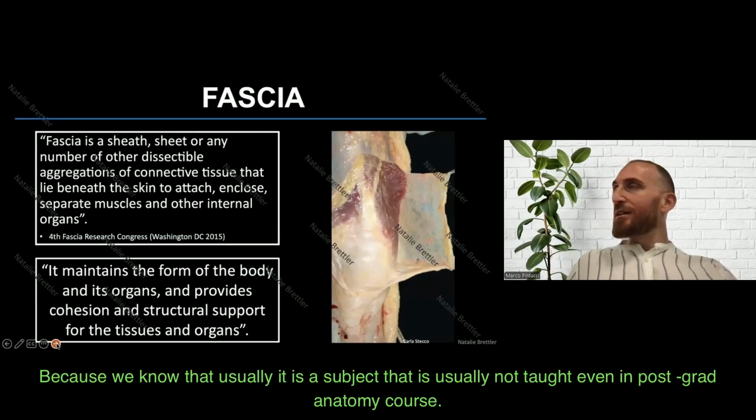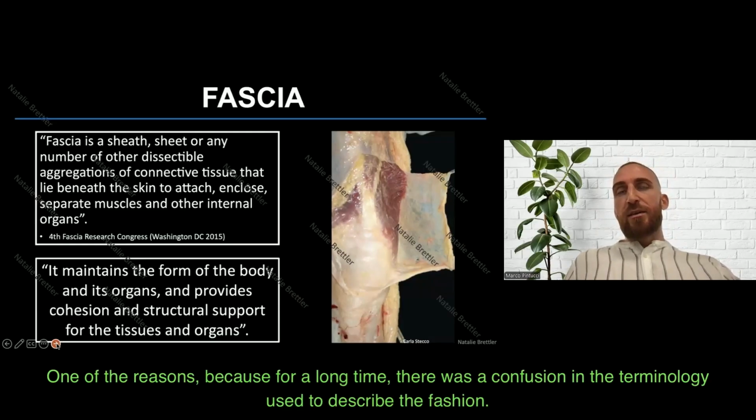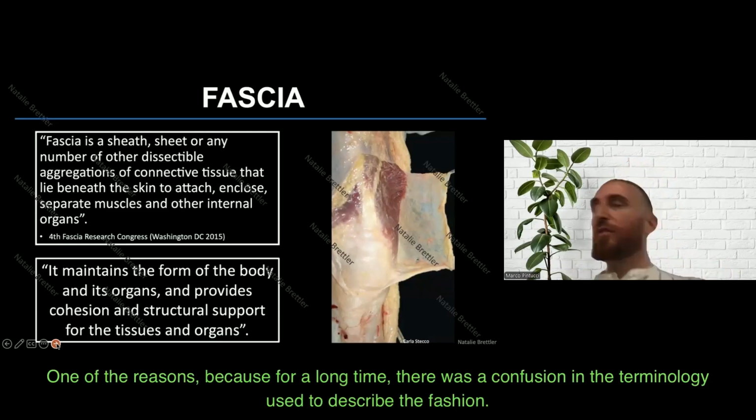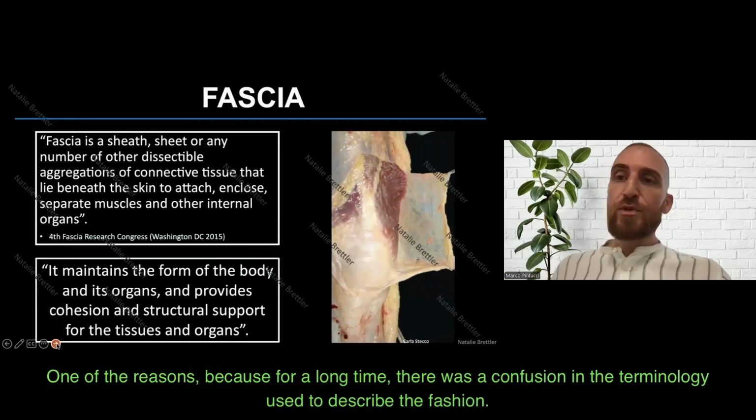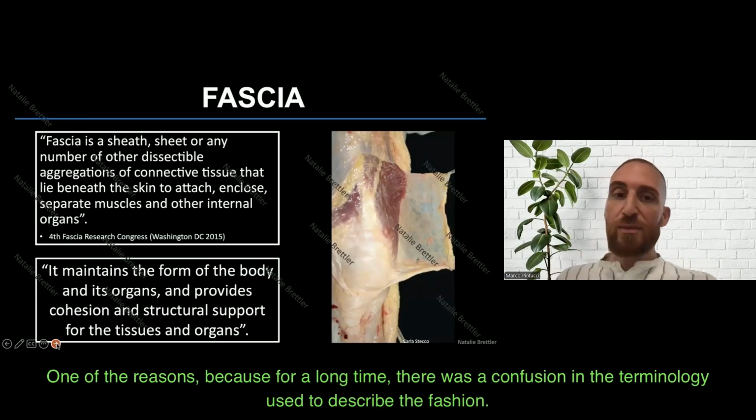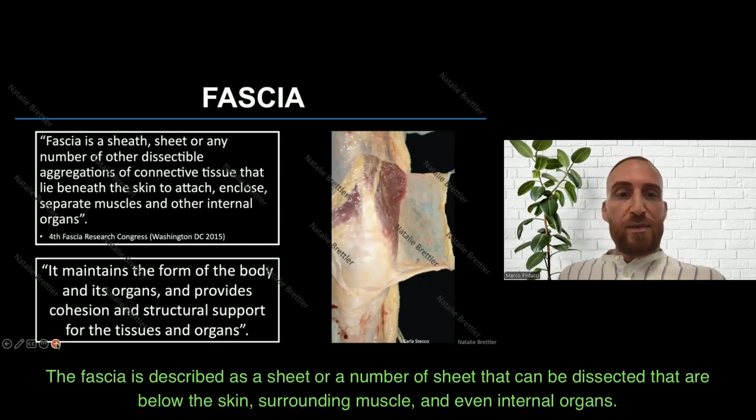So right now, what is the fascia? We know that it is a subject that is usually not taught even in postgraduate anatomy courses. One of the reasons is that for a long time there was confusion in terms of the terminology used to describe the fascia. The fascia is described as a sheet or a number of sheets that can be dissected, that are below the skin and surround the muscles and even the internal organs.